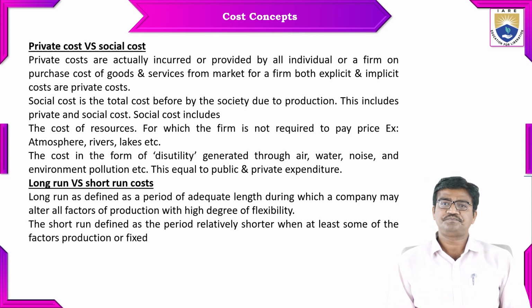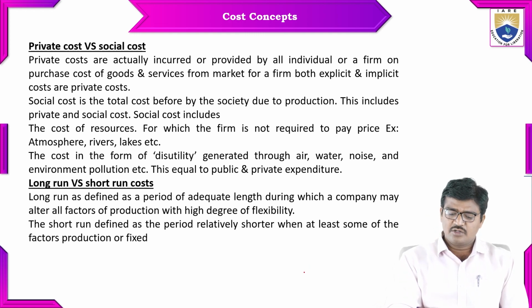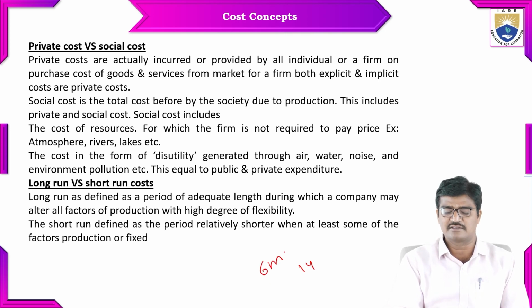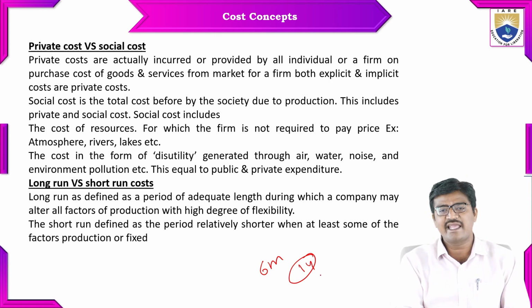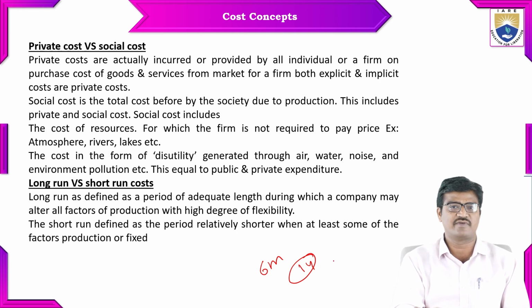For example, in managerial economics, assume that to construct a building it takes 1 year, but you have to start the production within 6 months. Here, the existing time period with you is 6 months, and the time period X determined by the management is 1 year. Means here to construct a building, it takes 1 year. Here you have to consider this 1 year as the X value.